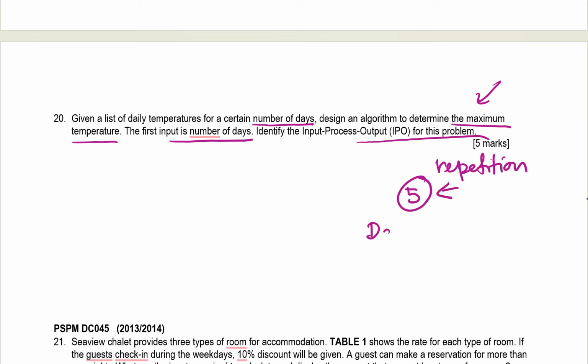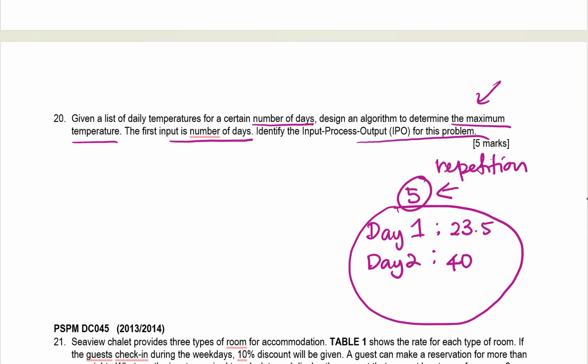Let's say day 1 the temperature is 23.5, and then day 2 the temperature is, for example, 40, until day 5. At the end the program will display the maximum temperature among the 5 days.